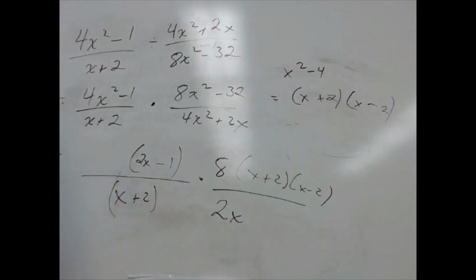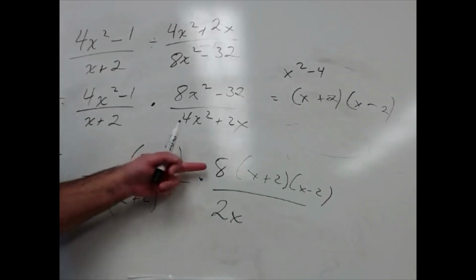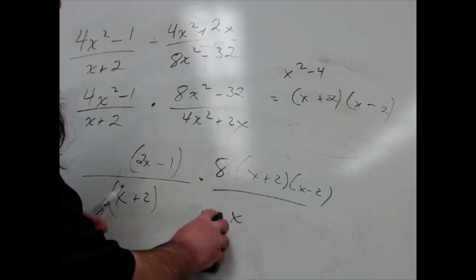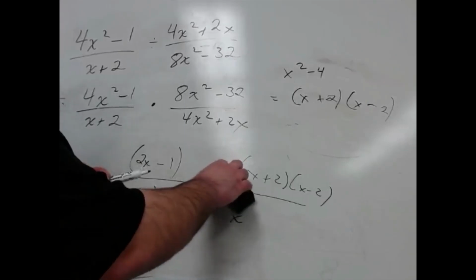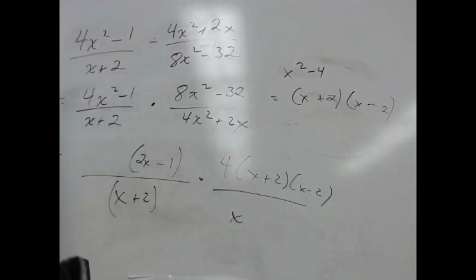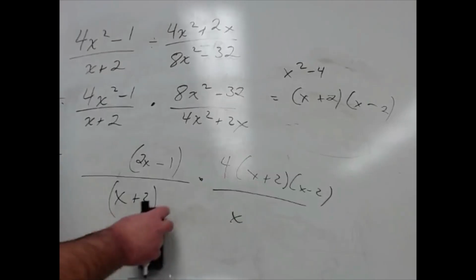Well, that can reduce with 2, because 8 and 2 are both divisible by 2. So that would leave 1 down here and 4 up here in the numerator. Furthermore, I've got an x plus 2 right here and an x plus 2 right here. So that would cancel those out.